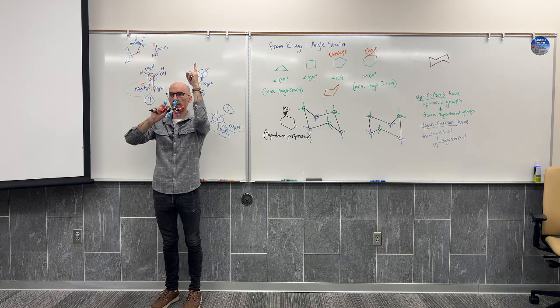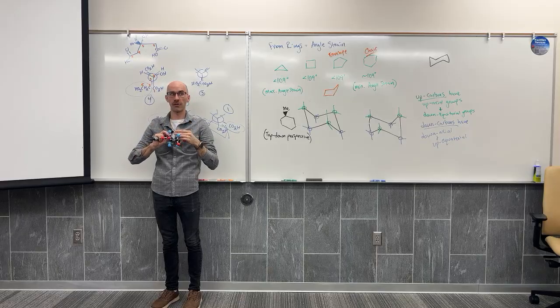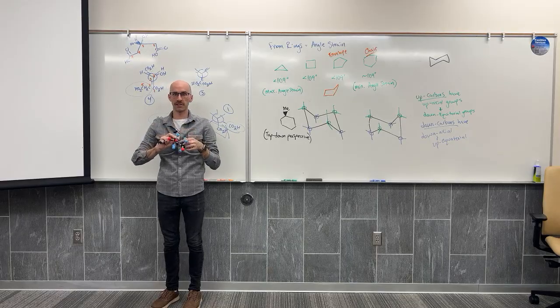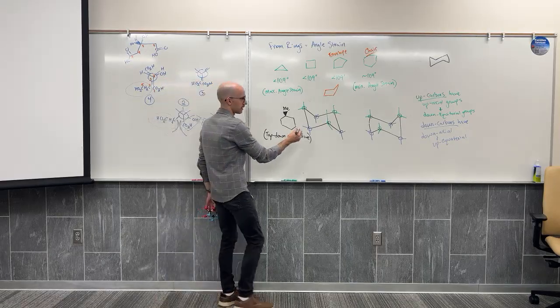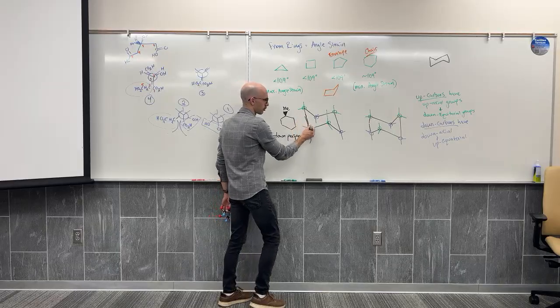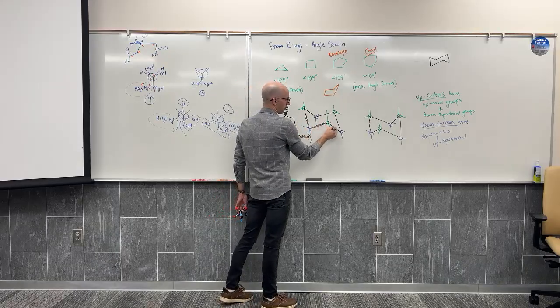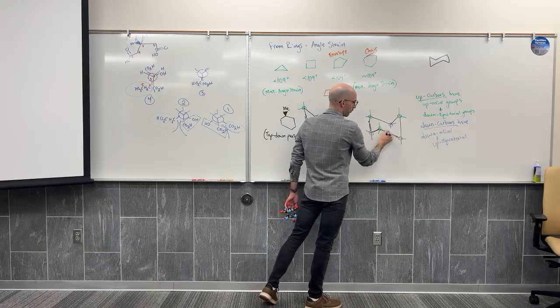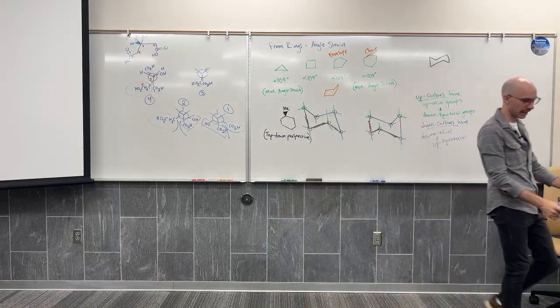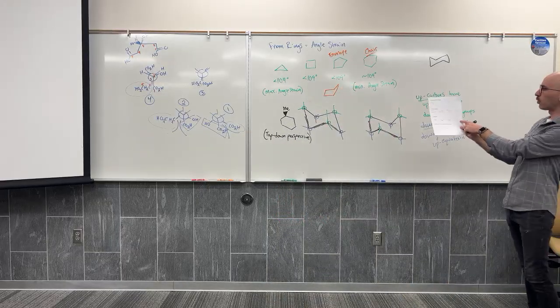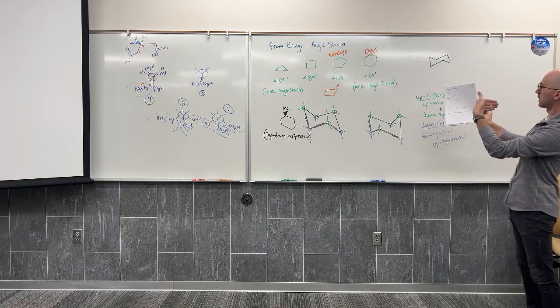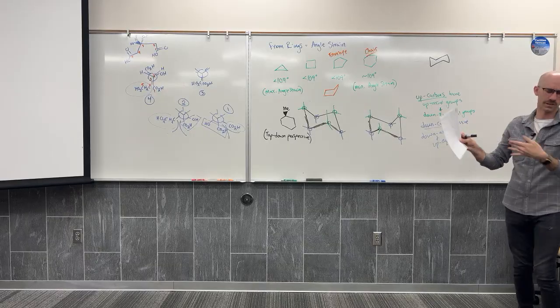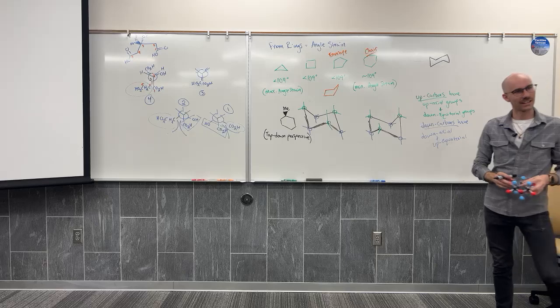Well, there's one other thing, one other assumption. Remember, this is all about assumed perspectives. There's one other assumption here. The ring is always assumed to be closer to you on the bottom, which is why in that structure up above, you can see that the bottom side is bolded, indicating it's closer to you.